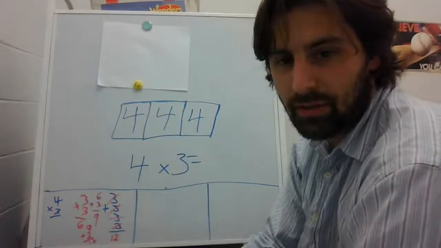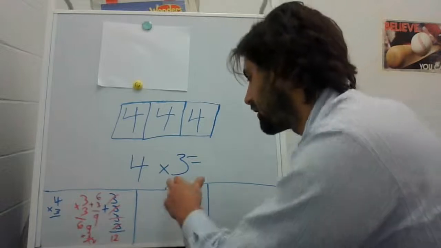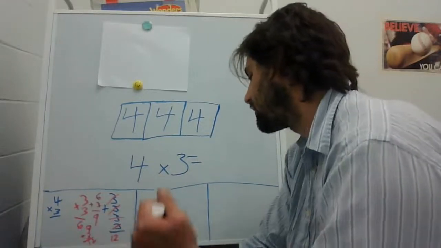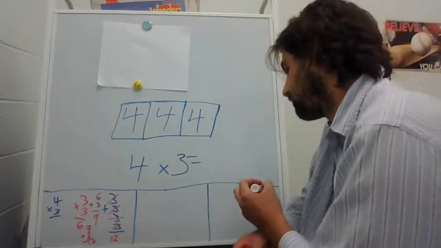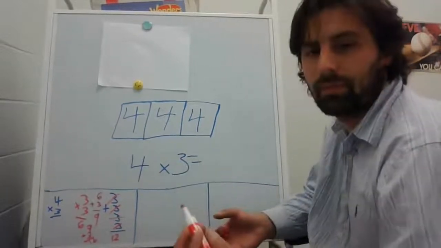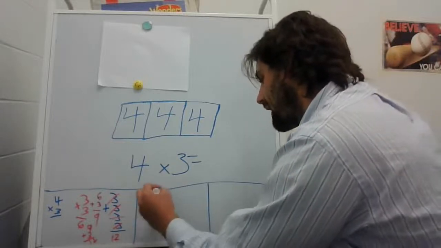Another strategy you can use if adding and counting by 3 is a little challenging for you is you can draw circles, or squares. Well, let's just say circles. You can draw circles and you can put a certain amount in each circle.